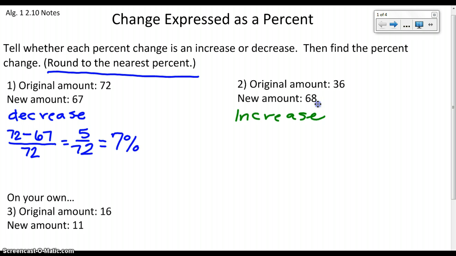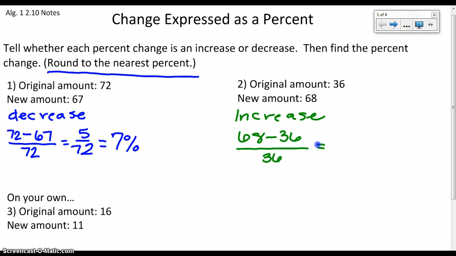For this one, we see 68 is bigger, so now we have to do the new amount minus the old amount. So for percent decrease, we do the original amount minus the new amount over the original amount. And for percent increase, we do the new amount minus the original amount over the original amount.